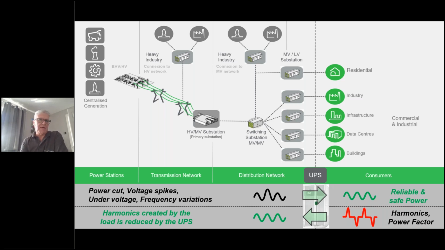With regard to the harmonics and power factor issues reflected back onto the grid, the UPS will also assist with that and alleviate that. So again, any effects on the grid are minimized by installing this UPS.